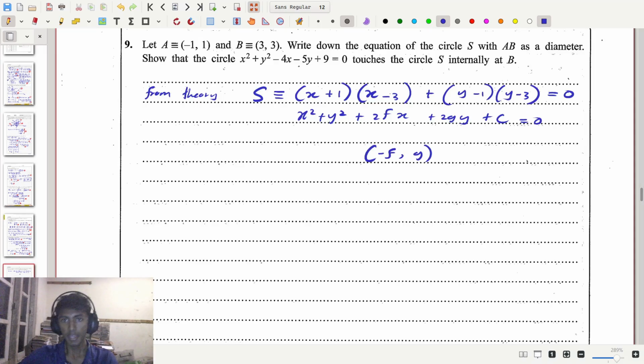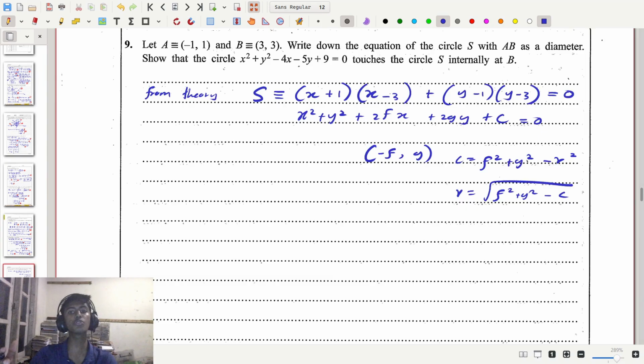We also know we can find the radius in terms of c, f and g. Given this structure, c is equal to f squared plus g squared minus r squared, and therefore r is equal to the square root of f squared plus g squared minus c.